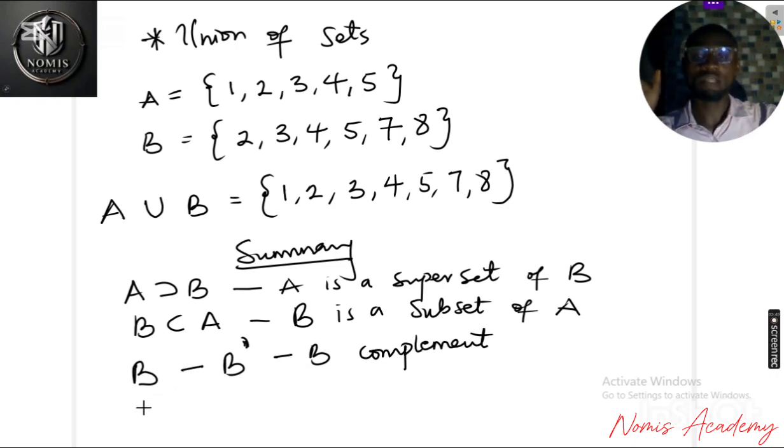So what about intersection? A intersect B. This sign that looks like an inverted U, that looks like N, is intersection.